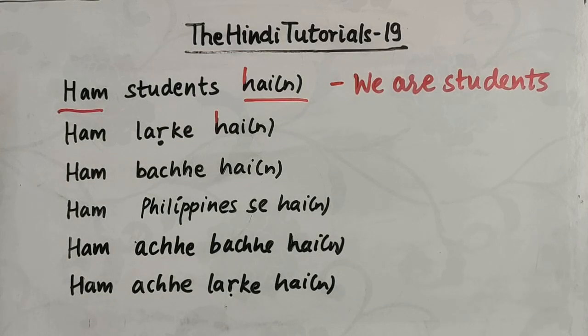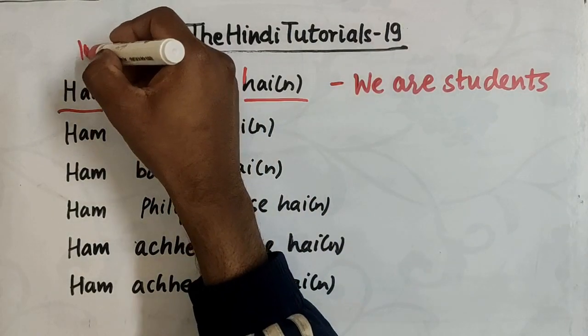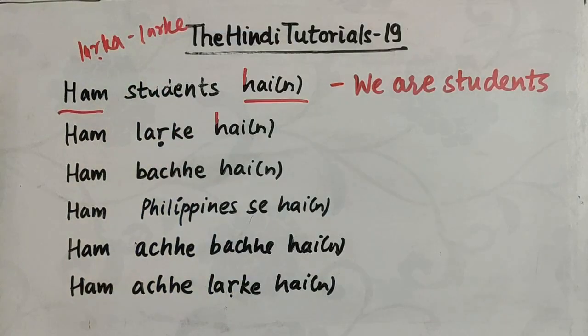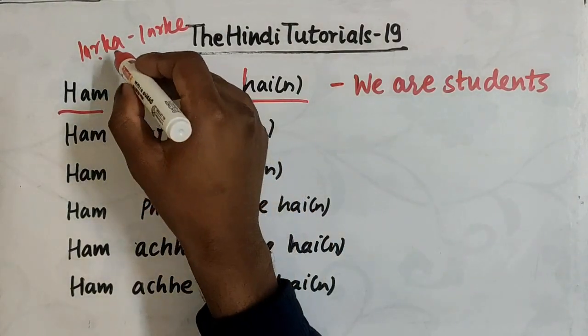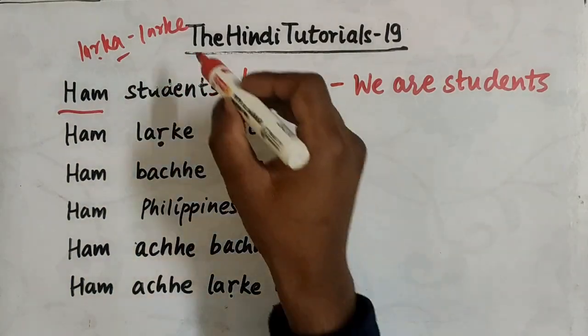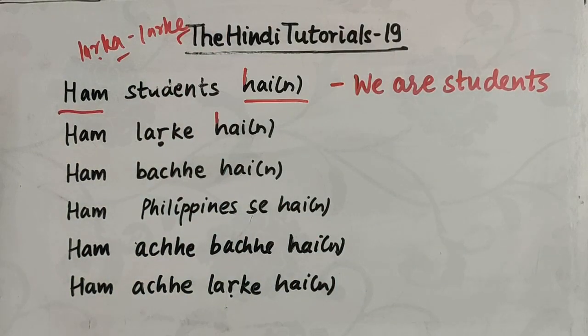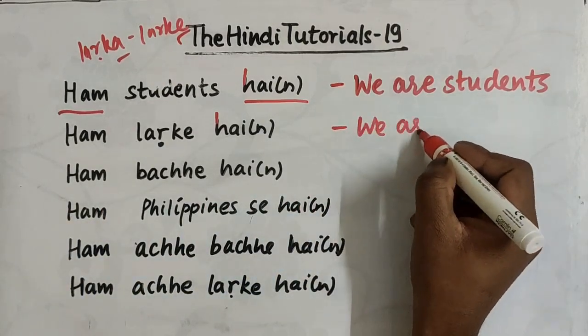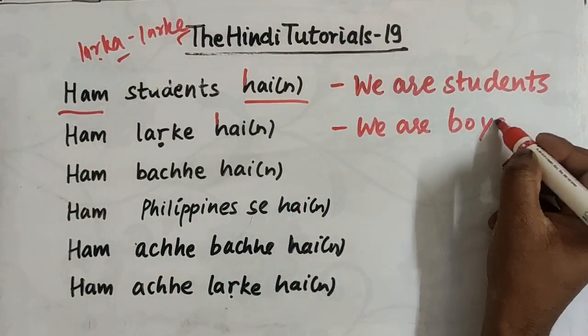In the tutorial number 16, in which we learned plurals, we learned that singular is ladka and plural is ladke. All the masculine words that end with the a sound have e in the end of their plurals. Okay, so hum ladke hain, we are boys.